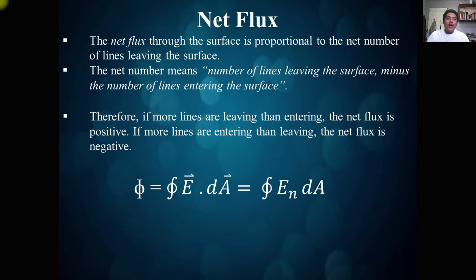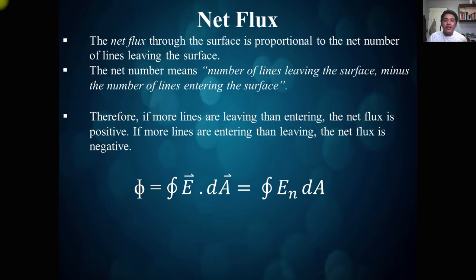So we have the meaning of net flux. The net flux is proportional to the number of lines leaving the surface minus the number of lines entering the surface. So we can have a negative net electric flux. As I said a while ago, getting a negative flux is okay.